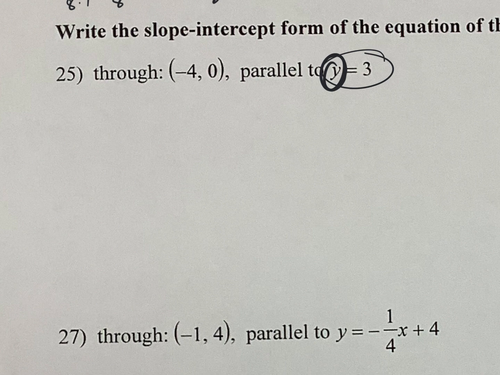So the y-axis is up and down, so the line must be horizontal because it goes through it. So a visual of this, y equals 3, right there is that line. That's what that looks like. All right, the slope of a horizontal line is 0. Okay, so we want a parallel line to that. So again, the slope is going to be 0.